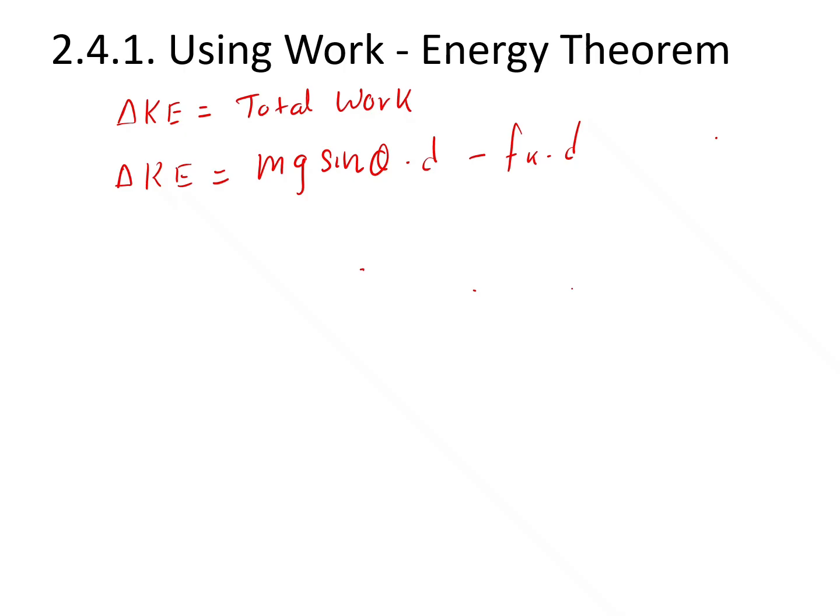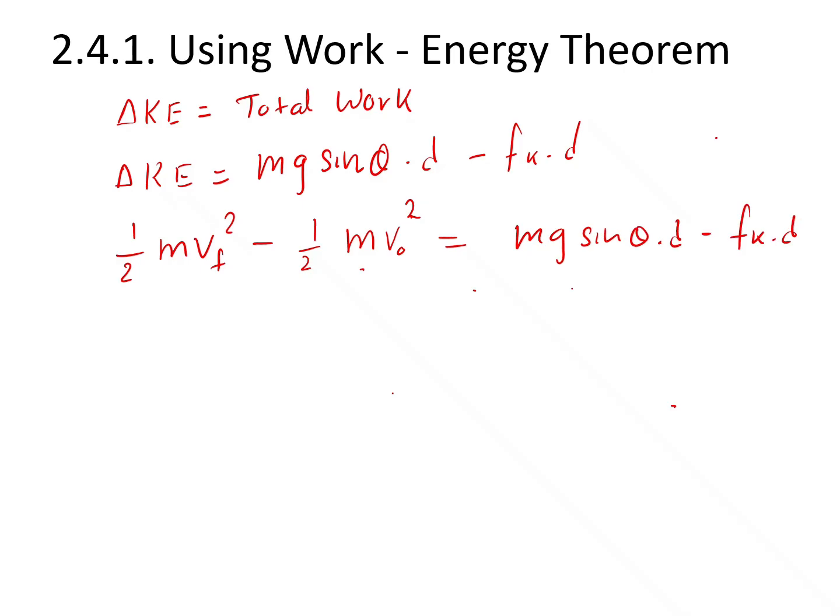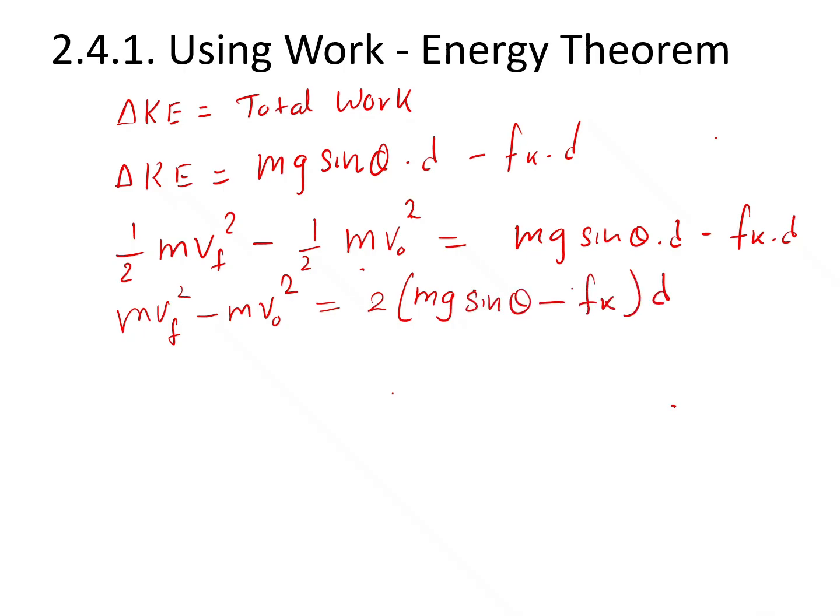The work energy theorem becomes 1/2 m v final squared minus 1/2 m v initial squared equals mg sine theta d minus Fk d. Now we can solve this for v. We multiply this equation by 2, so we get m v final squared minus m v initial squared equals 2 times (mg sine theta minus Fk) times d.